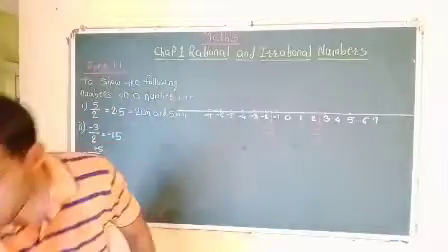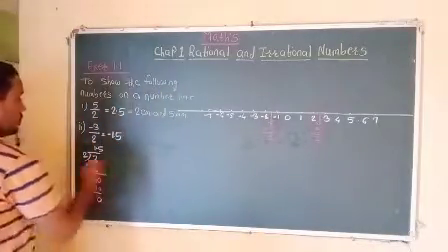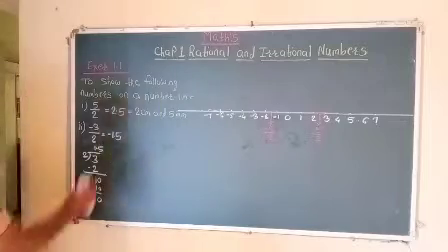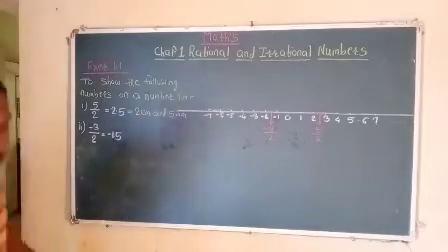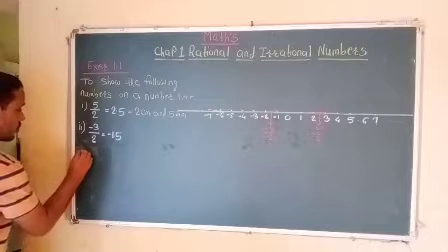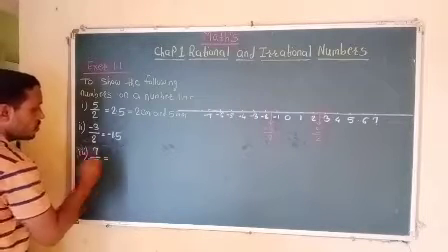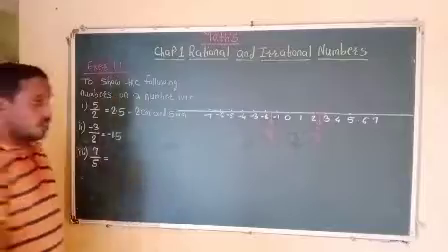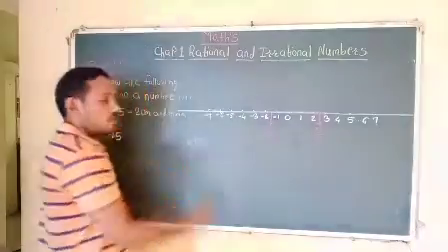We will also take one more example. Seven by 5. Yes, 7/5. 7 is divided by 5.